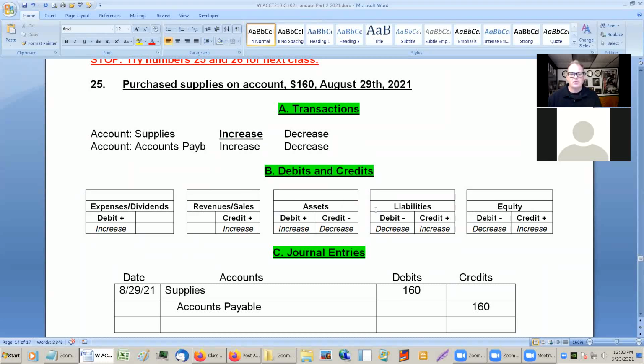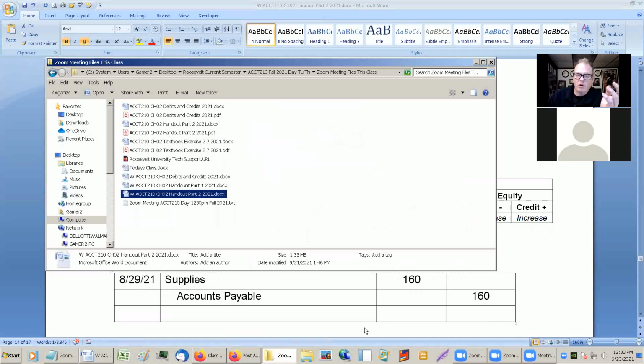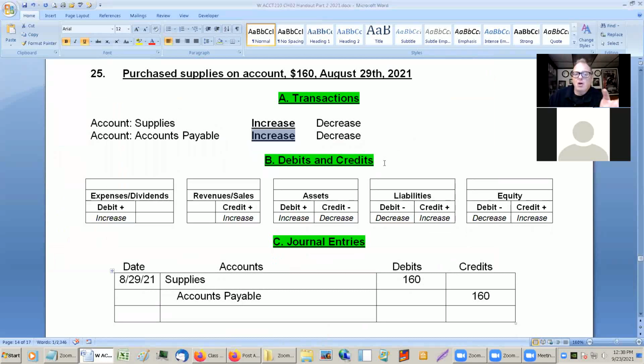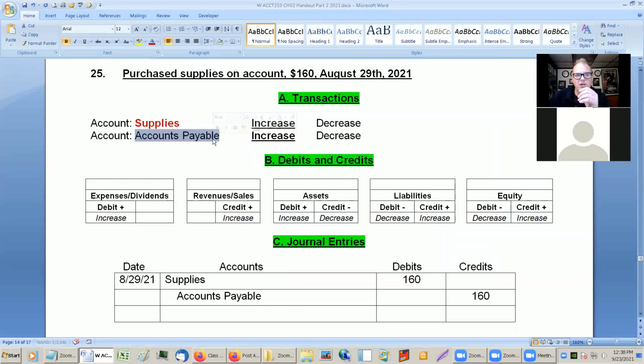And this is the one that is trickier to write because I did it wrong there, but it's an increase. And this one's kind of tricky because I think we usually think of owing money as a negative thing, but this is actually saying we owe more money. So this is that we owe more money to somebody else, whoever sold us the supplies.